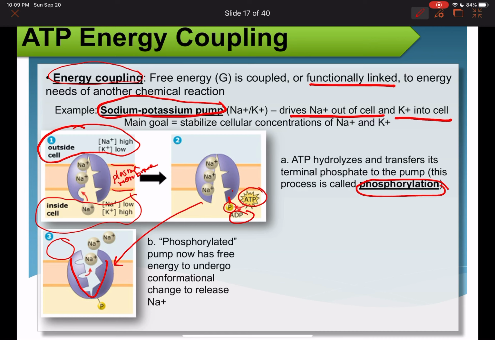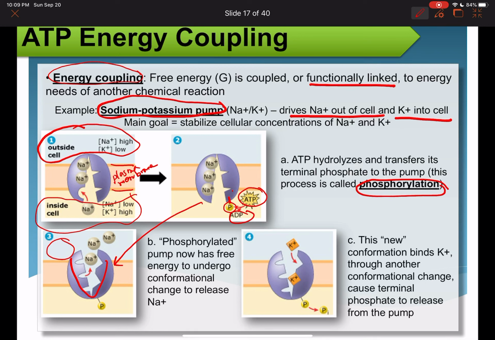So now potassium ions can bind to the sodium-potassium pump, fitting perfectly into that little pocket or notch on this side of the protein molecule. Now you can see the differences in the shapes of these pockets that allow which ion to bind and which ion to go out.